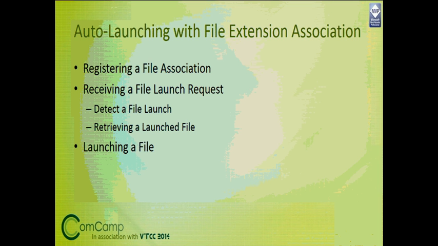The next step would be to recognize the incoming file launch URI and then redirect the URI to a different page so that you can handle the request. Launching a file was a simple example that we saw in the previous demo, and let's move to the actual steps to implement file extension association.